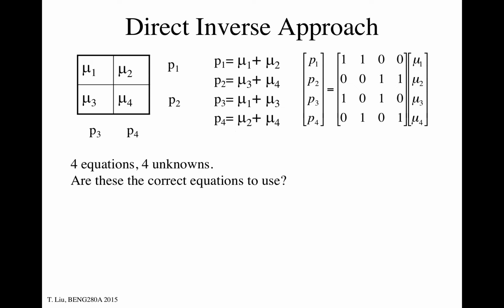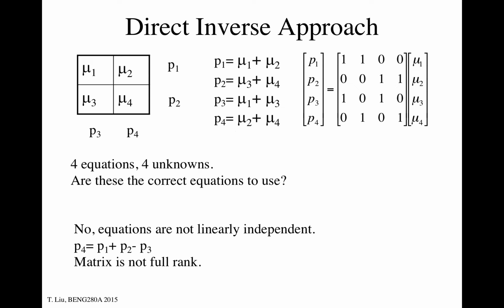Unfortunately, these aren't independent equations, right? So we don't have a full rank matrix here. You can create P4 just by a linear combination of the other rows, and so you need another measurement that's independent, right?